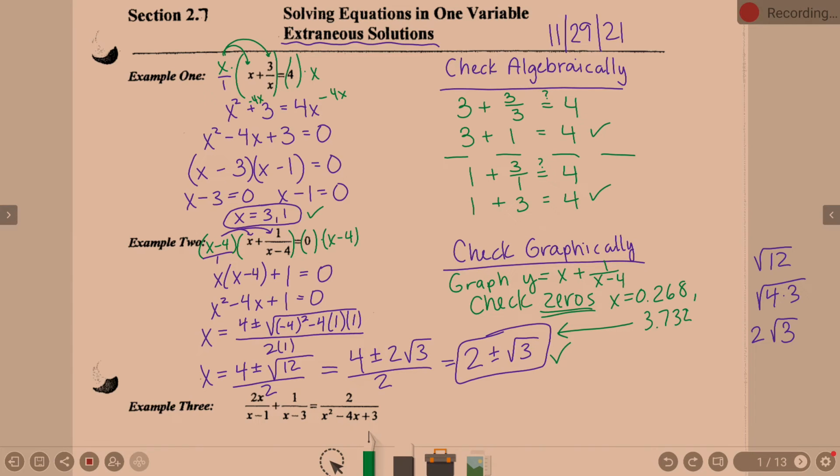Again, I know it was pretty obvious. The only answer that wasn't going to work was 4. But there are times where we need these checks. Okay. Questions here? Okay. Let's go to the next example.